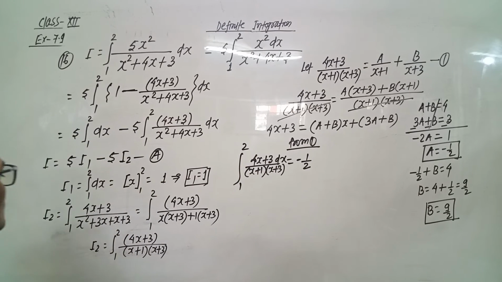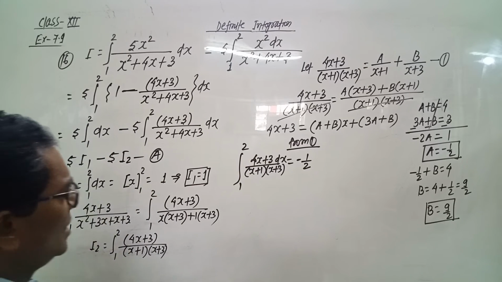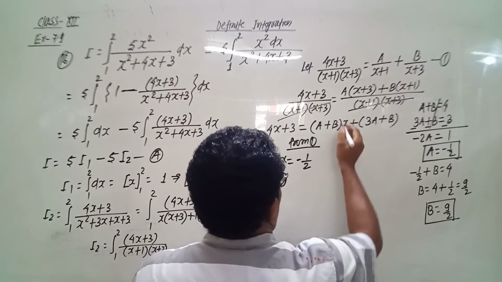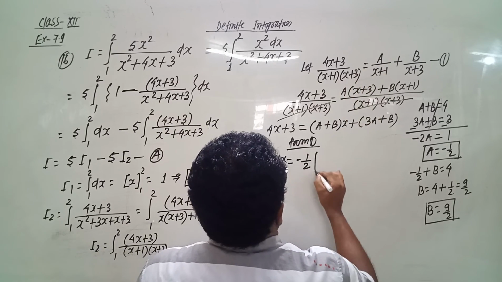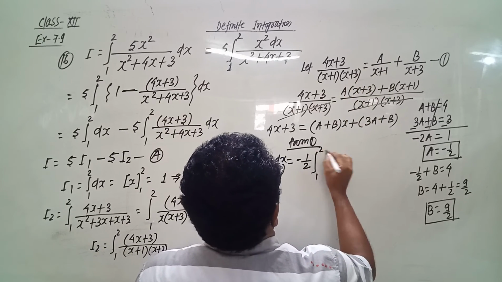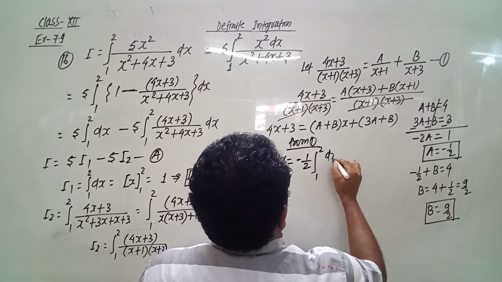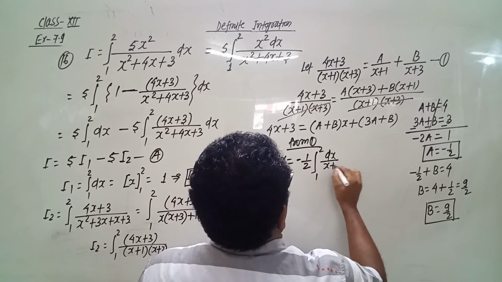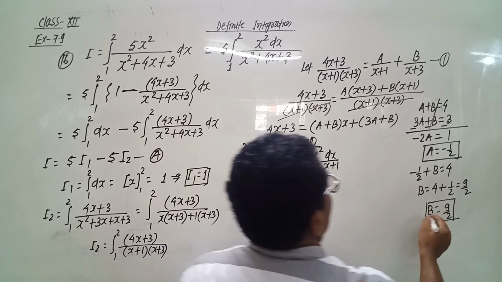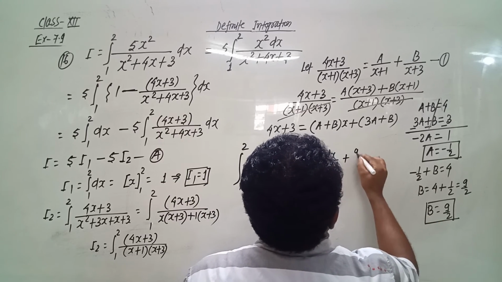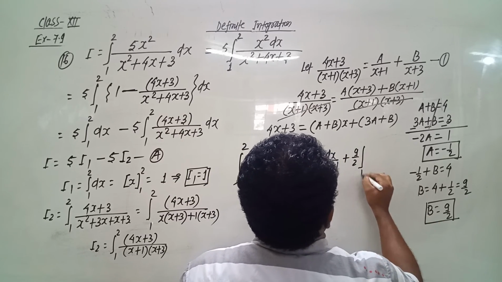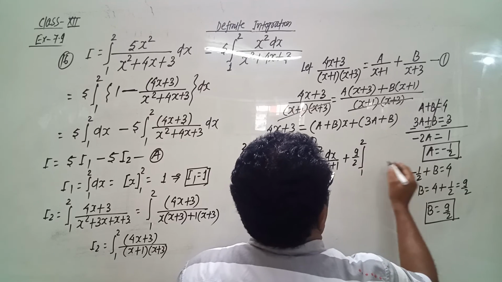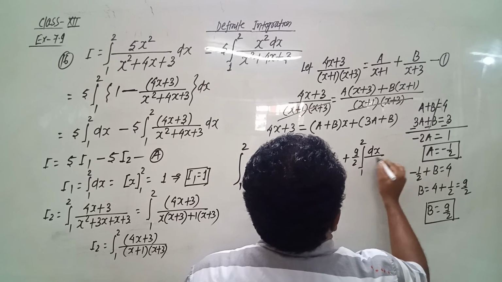So minus 1 by 2, the value of a, integration 1 to 2 dx upon x plus 1, then the value of b is 9 by 2, integration limit 1 to 2 dx upon x plus 3.